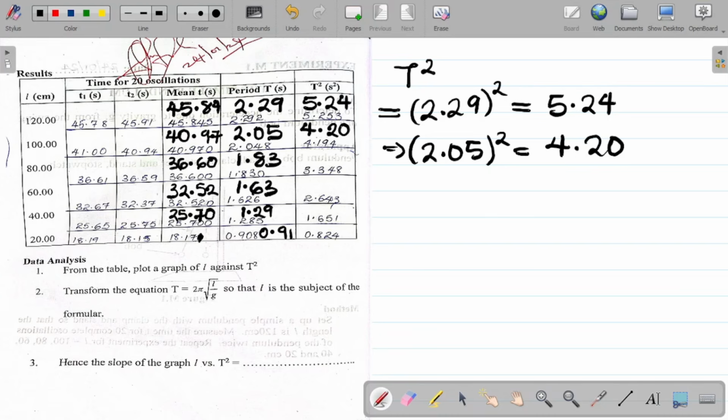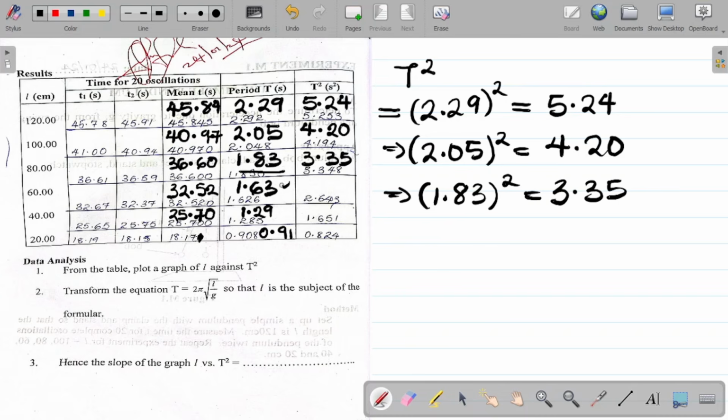Next up is 1.83 all squared, that's about 3.35 in 2dp.